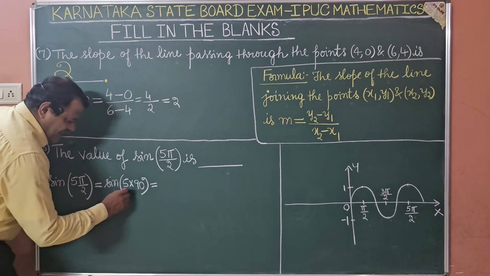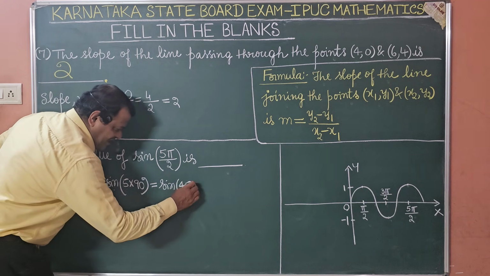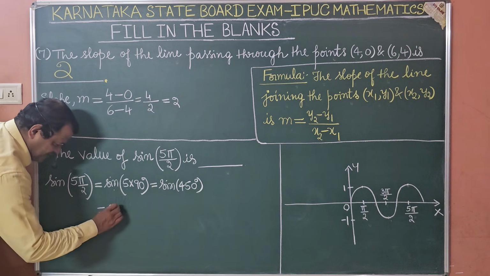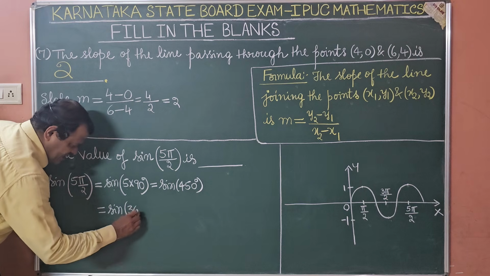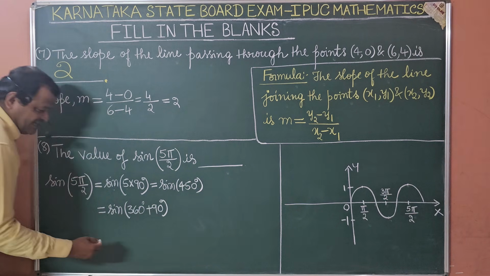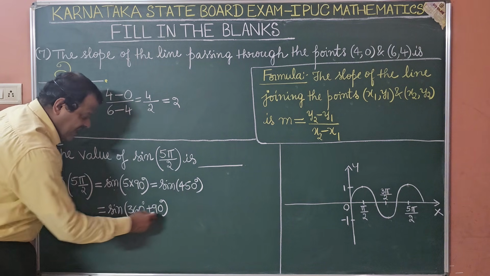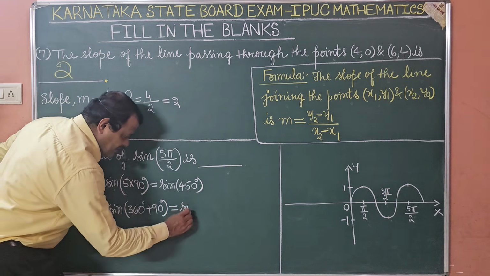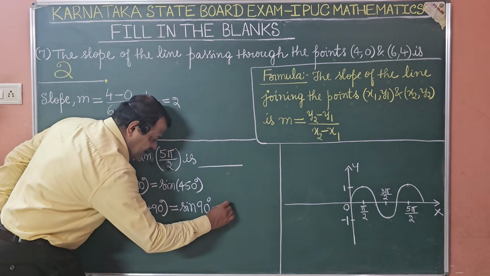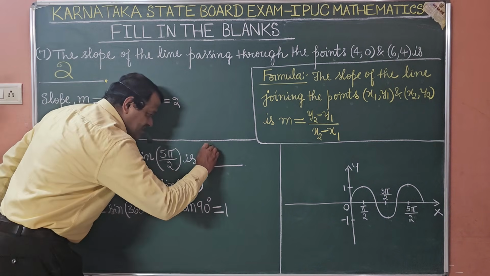Therefore, this is sine of 5 into 90 degrees, which is 450 degrees, and 450 degrees I can write as 360 degrees plus 90 degrees. And 360 degrees in trigonometry is equivalent to 0 degrees. Therefore, this remains simply sine of 90 degrees, and sine of 90 degrees is equal to 1. Therefore, this fill in the blank answer is 1.